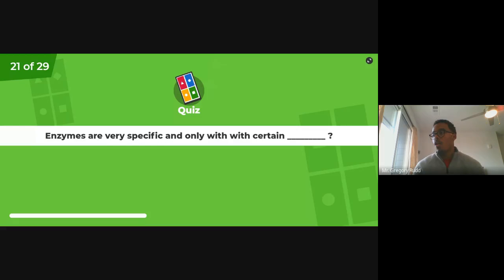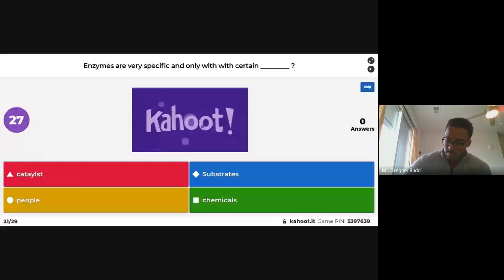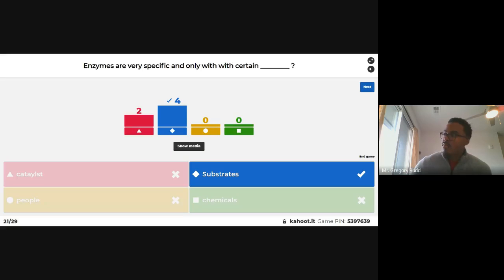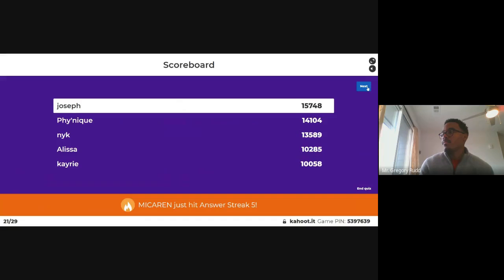Enzymes are very specific and only work with certain blank. That should be work with. Okay. Yeah, they only work with certain substrates. Keep going.